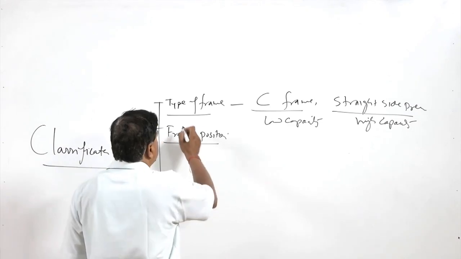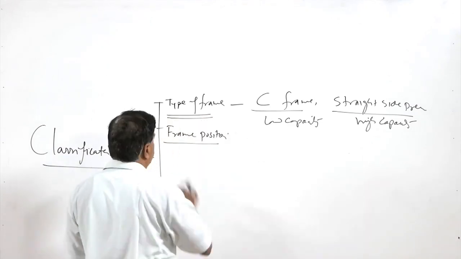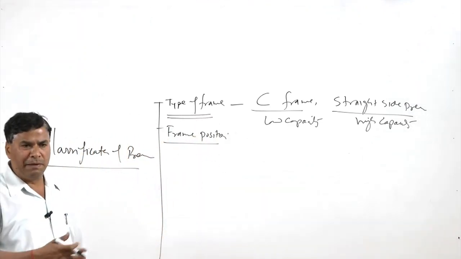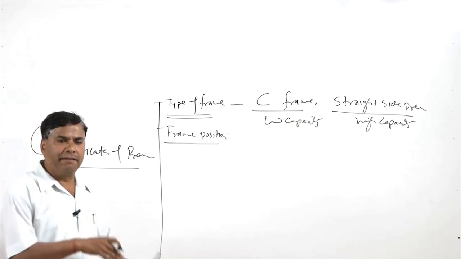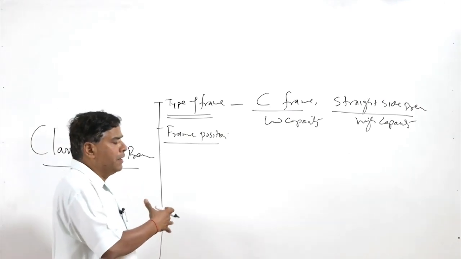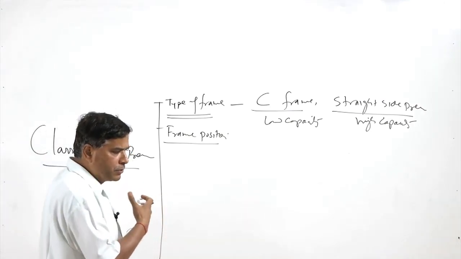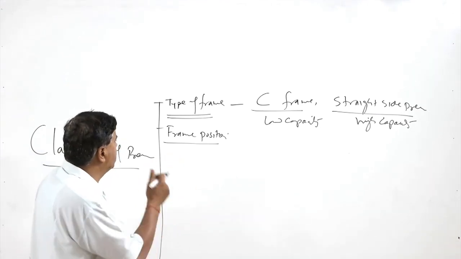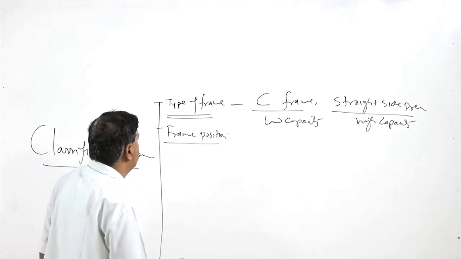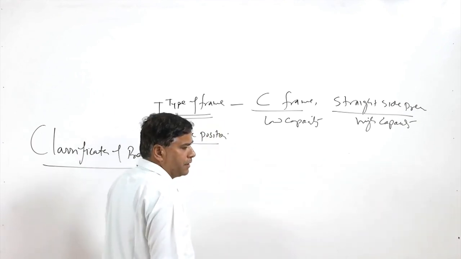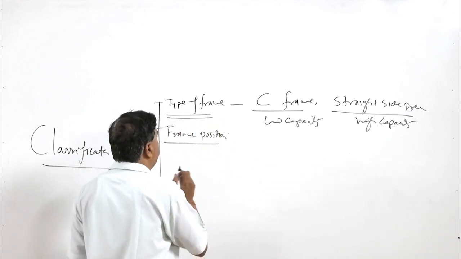So, the frame is a very important part of the press, and it takes all the loads acting due to the dead weight, and whatever forces are generated during the operation of the press. So, the frame is a very crucial and important part of any press.